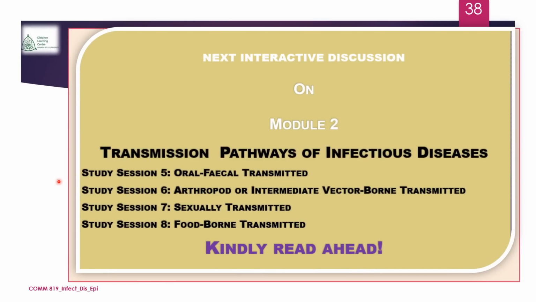Our next interactive discussion will be on module 2. Given what you've done in module 1, I think most of this will just be repetition. We've talked about transmission pathways, infectious diseases, routes of transmission. We said oral fecal, arthropod or vector-borne transmission. Arthropod is mostly insects. Then vector borne, the insect and other maybe an active or passive vector.